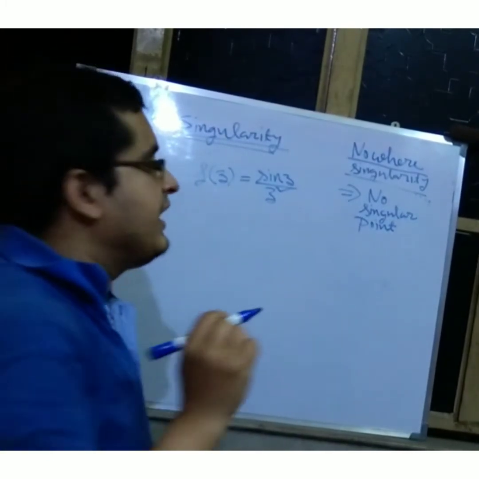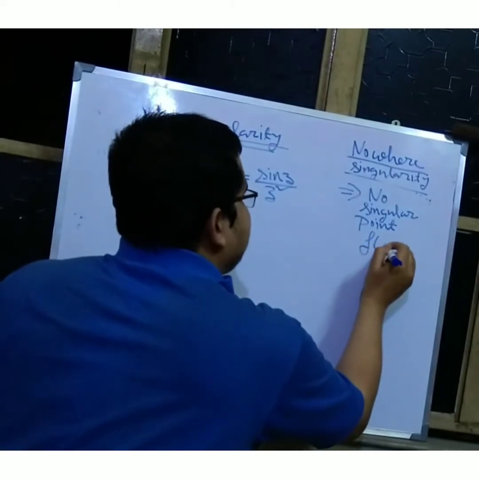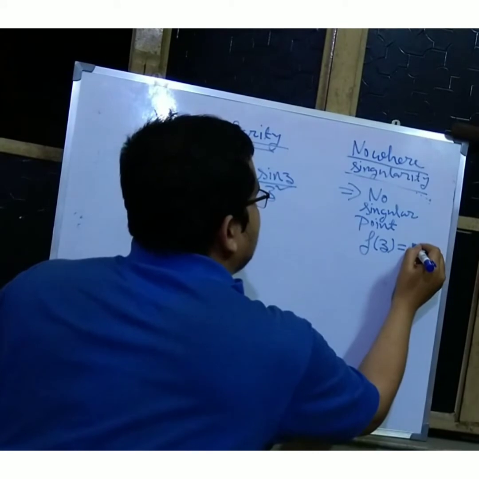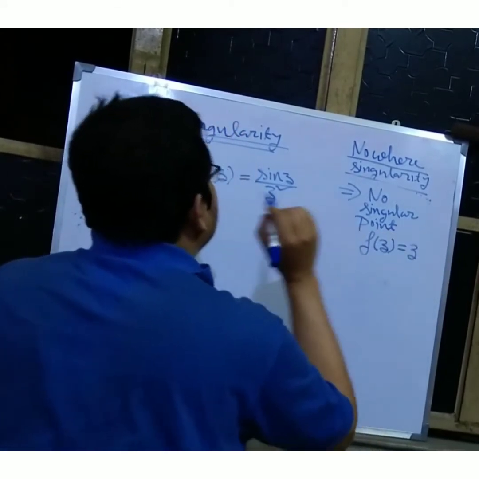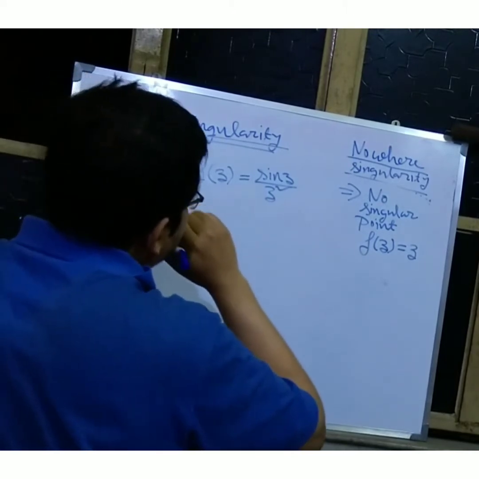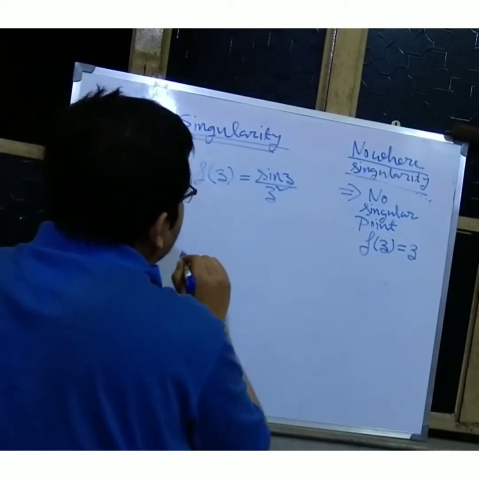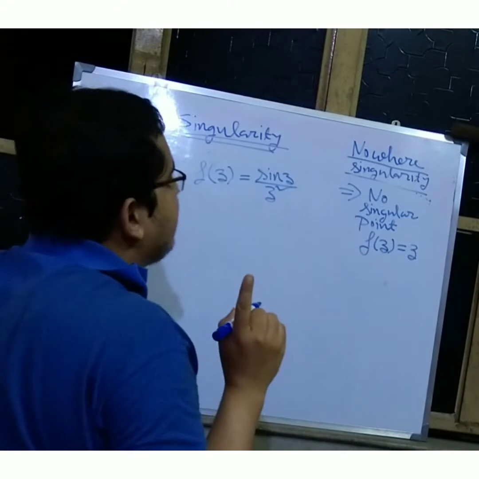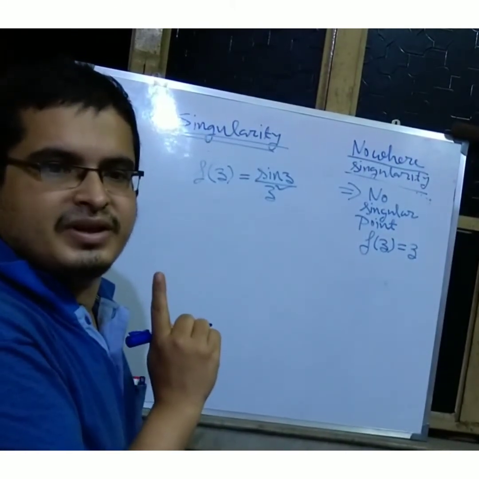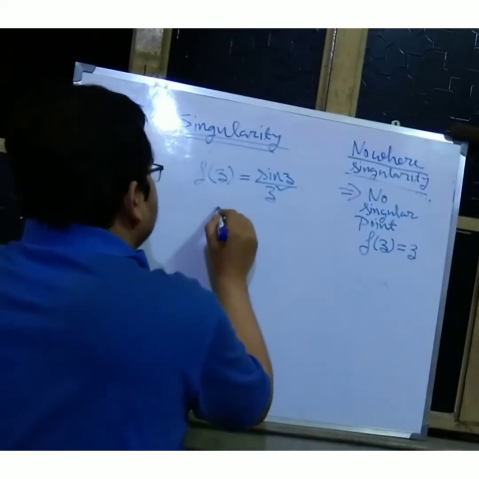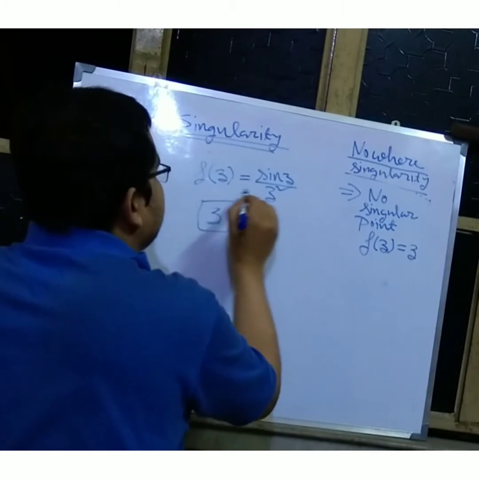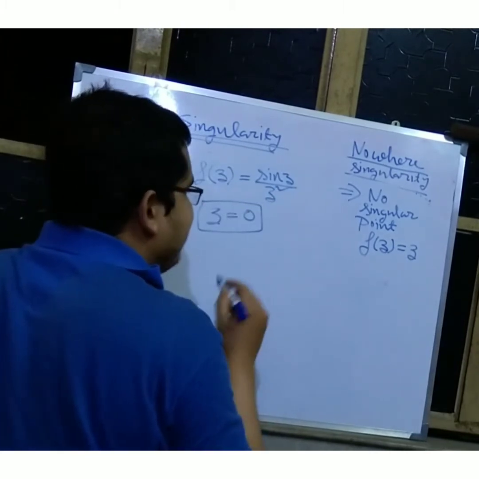No singularity. Example: here f(z) is equal to z, this is the no singularity case, and singularity is sin z by z squared. So friends, whatever I get here, z equals to 0, it is singular.